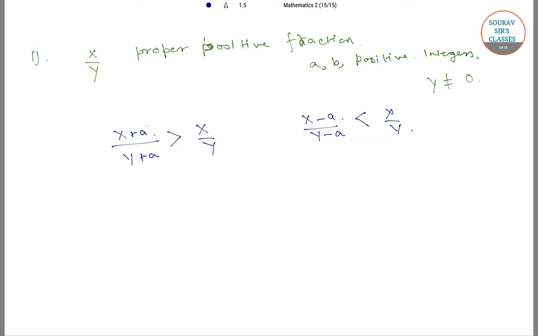Similarly, where a and b are positive integers, if a is greater than b, then we have x by y into a by b is greater than x by y, and x by y into b by a is less than x by y.